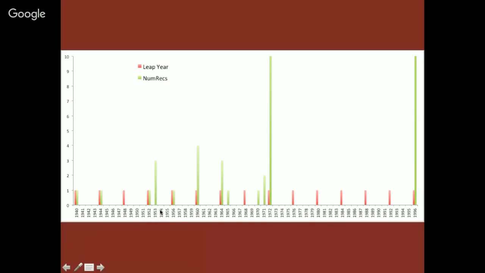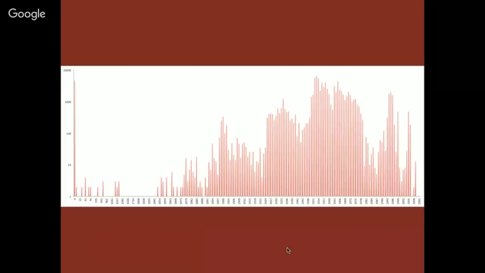But look at this. In 1953, we have 3 records from February 29th. In 1965, we have a record, 1970, 2 in 1971. And so again, those are internally inconsistent data records. The time, the place, and the taxon may be perfectly usable, but definitely I've got a problem with my date.